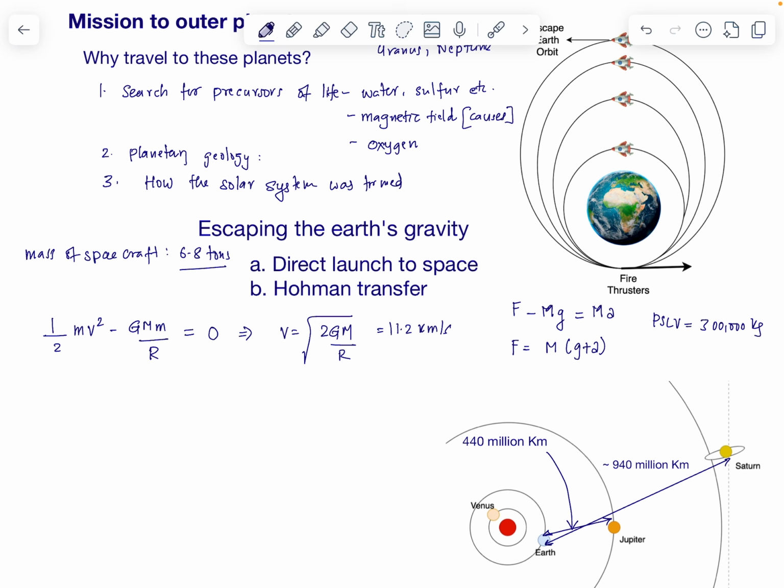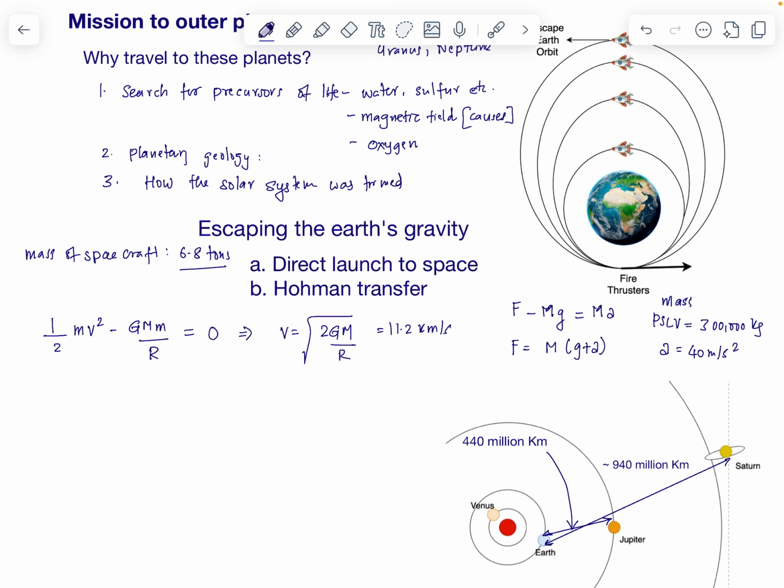Okay, the mass of the PSLV is about 300,000 kilograms, and the acceleration at launch is typically 40 meters per second squared. This can vary depending upon the launcher, the payload and whatnot.